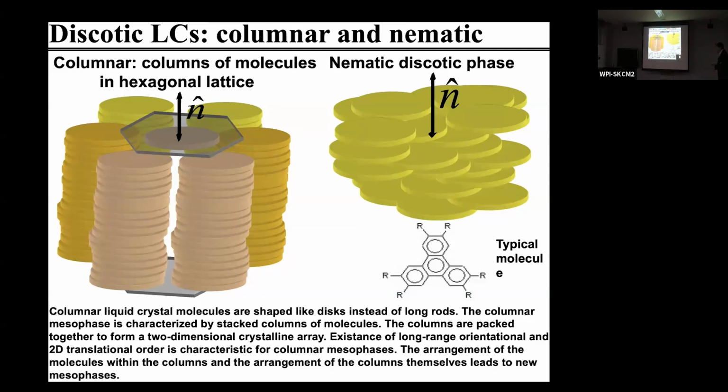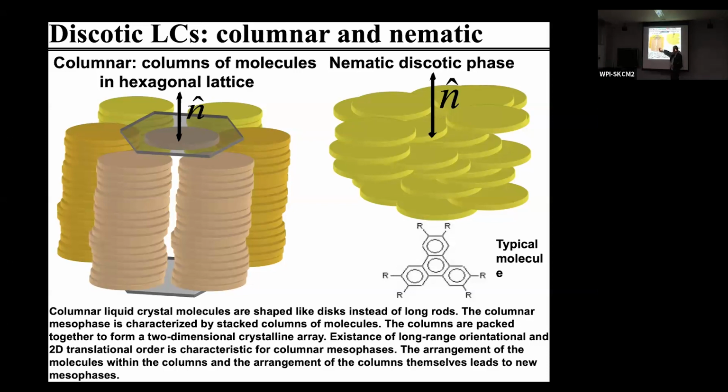So uniaxial symmetry. So in a similar way in here, right? And we can have many different types of structures, right? There is a huge variety of molecules that can form these nematic phases. So we often refer to nematics that are formed by disc-like molecules as discotic, and the ones that are formed by rod-like molecules as calamitic, right?